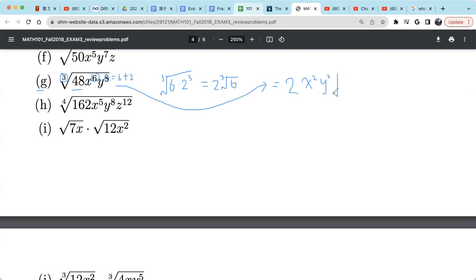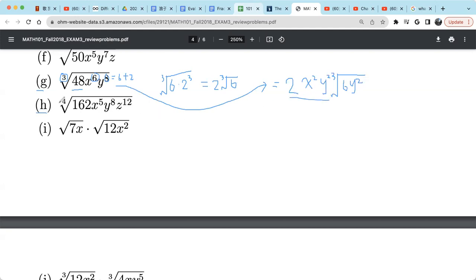So this is outside the radical sign. Now what's to stay inside the cubic root? I still have 6, right? Do I have x? I don't have x anymore, right? But I do have y squared. And that's it. So this is the answer for G.